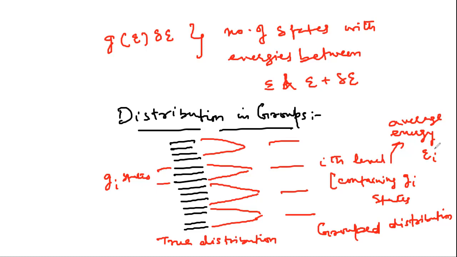The next thing we do in this discussion, we group the states. So when we say Gi states, we have actually grouped some states into a single state, which is the ith level, and in the ith level, all Gi states have the same average energy, epsilon i.